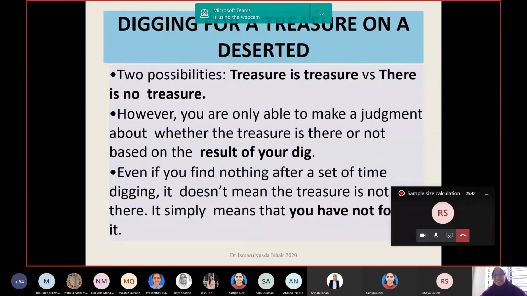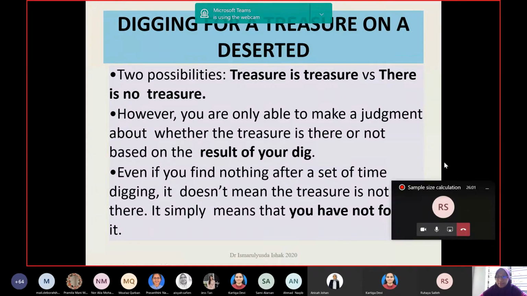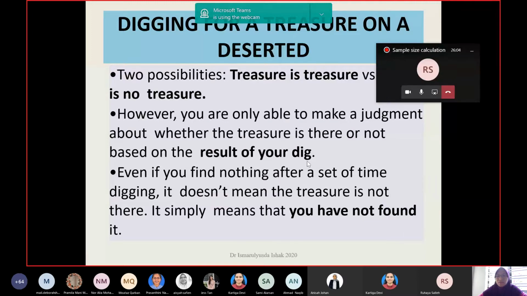However, you are only able to make a judgment about whether the treasure is there or not based on the result of your dig. Then you can say that if you find nothing, it doesn't mean the treasure is not there. But maybe you have not found it yet, because your digging style did not make you find the treasure.